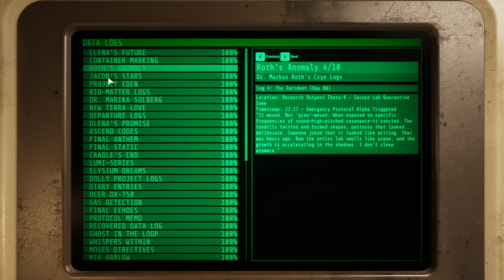Goodness gracious. Number 4, the incident. Day 88. Research post Theta 9 in the secure lab quarantine zone. 2217. Emergency protocol alpha triggered. "It moved. Not grew. Moved. When exposed to specific frequencies of high-pitched resonance, it reacted.